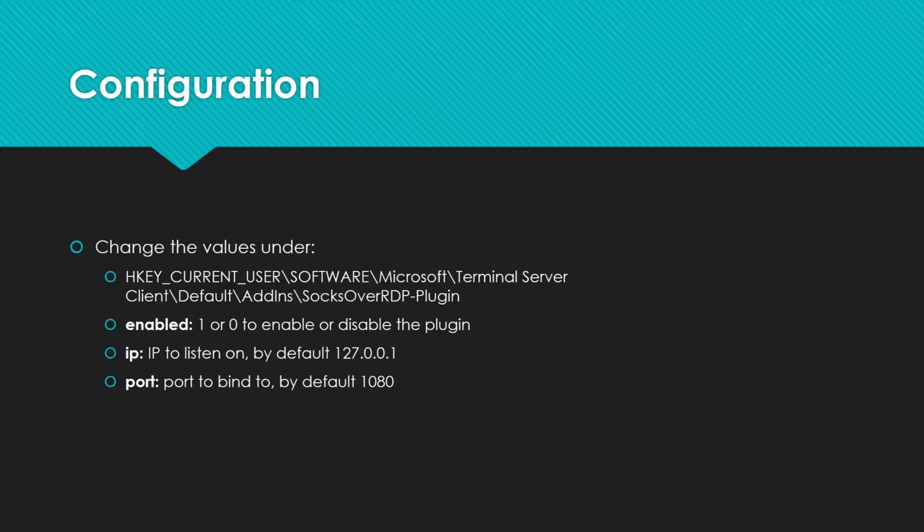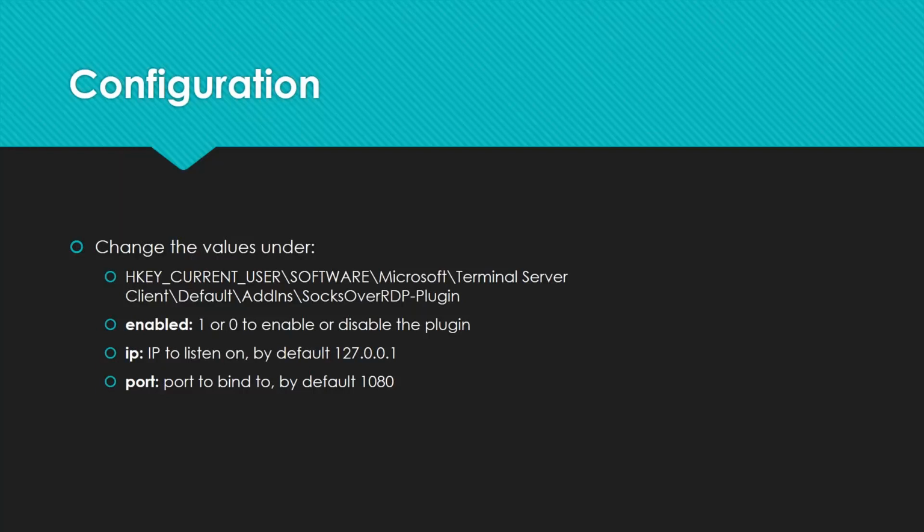The configuration is really easy. That's for the DLL. The DLL spawns the SOCKS server, and if you go to the registry under the key mentioned on the slide, there are 3 different settings that you can change. Enabled, 1 or 0, basically to enable or disable the plugin. The IP by default is localhost.